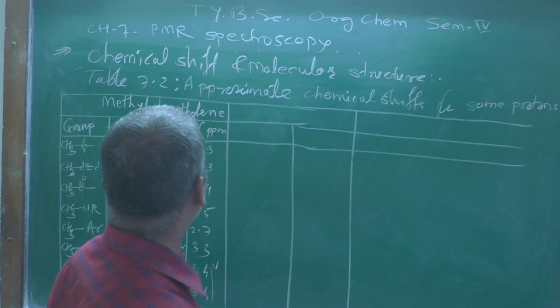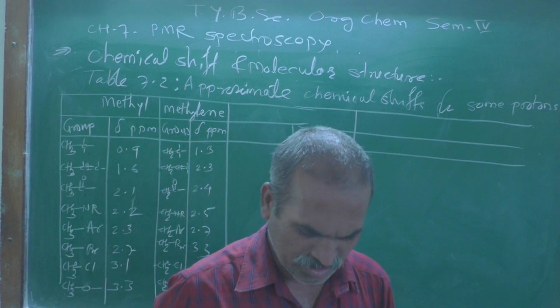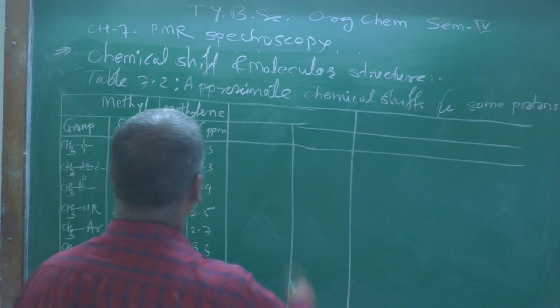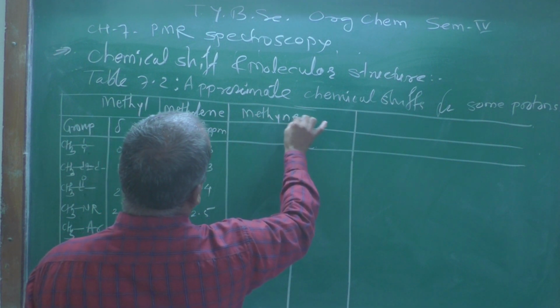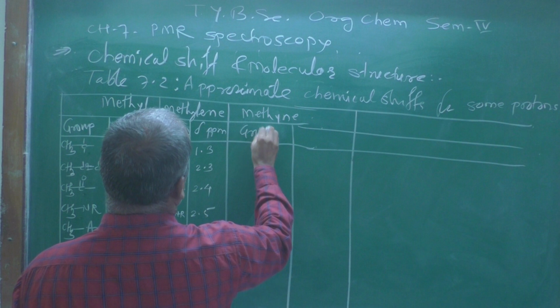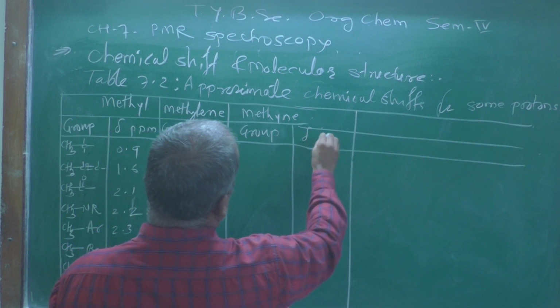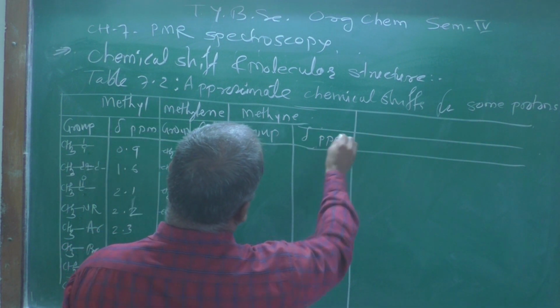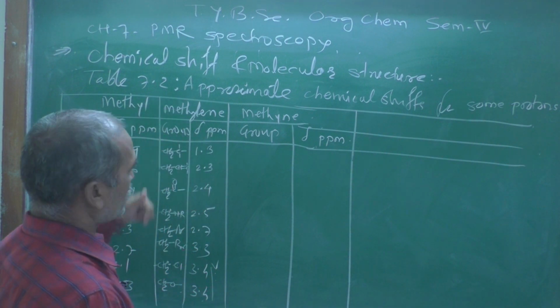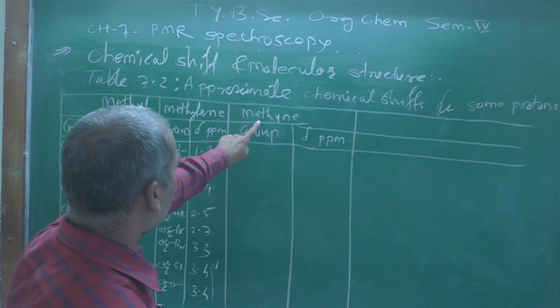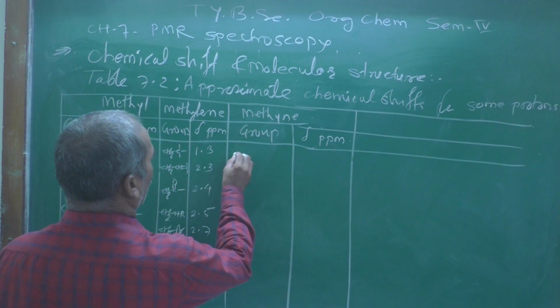So now let us see further the third group, which is a methine group. Now it is a methine group, as we know. Here you can write the group and its delta in ppm, parts per million. Now what does a methine group mean?